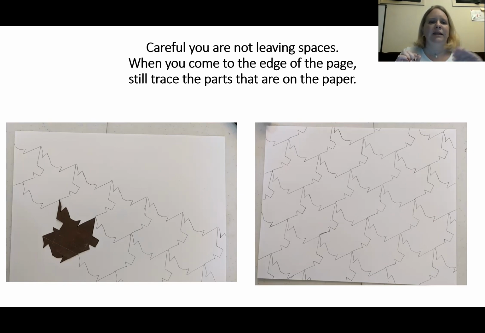So sliding, never rotating, never flipping or reflecting. This is only a slide that we're doing from one to another. It's called a translation. So we are translating our template to create this repeated pattern. Try really hard not to have any gaps.